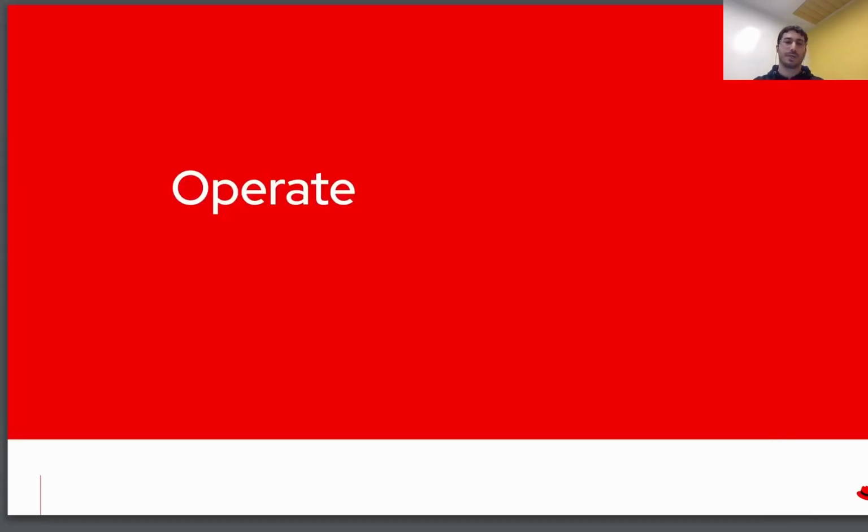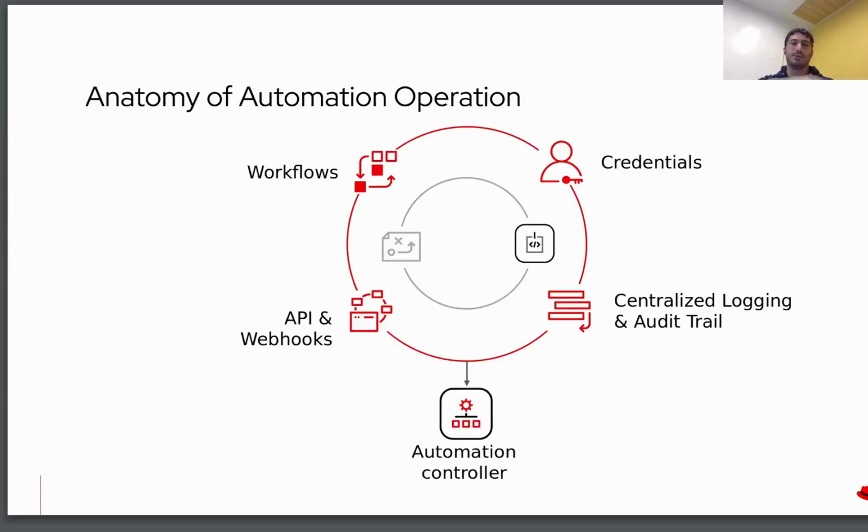So from the operation standpoint, you have the execution environment that got pushed into the system, and the playbooks that got also pushed into the system. But then you also need to create or use or have all the things around to make it highly usable.